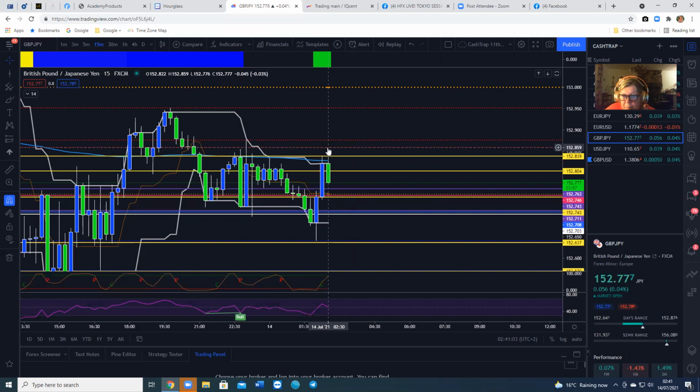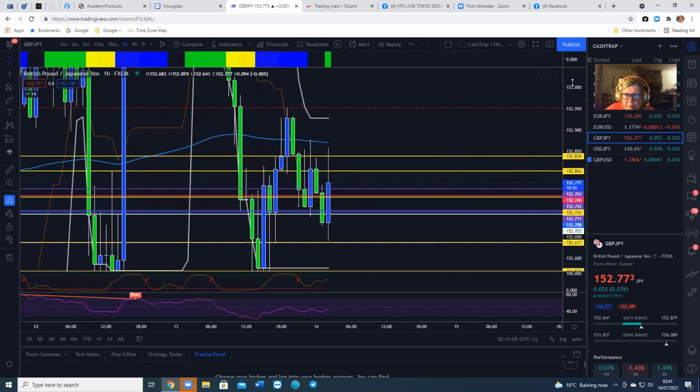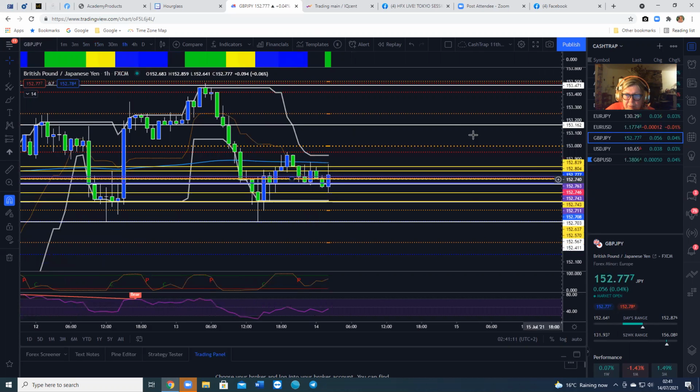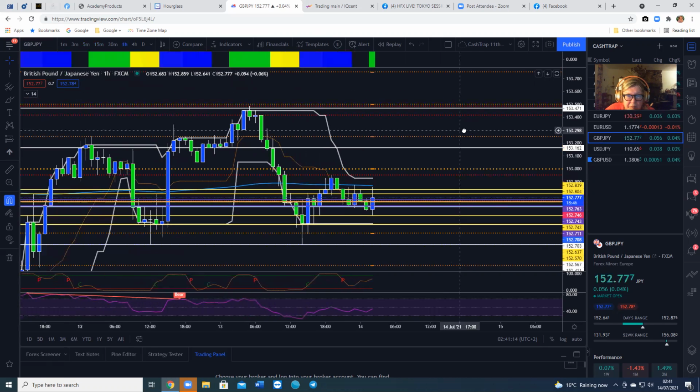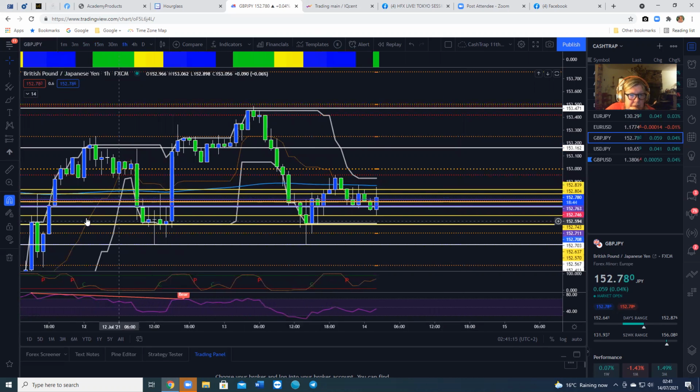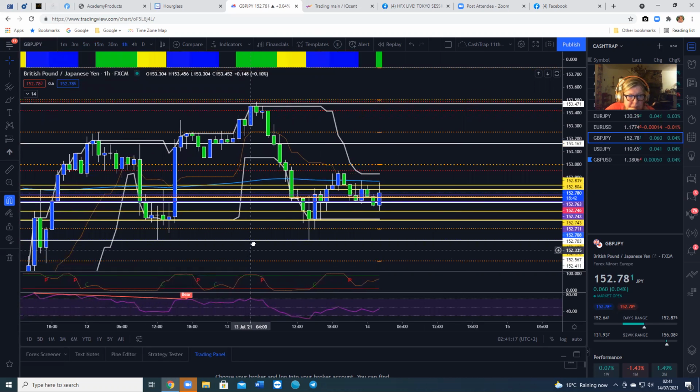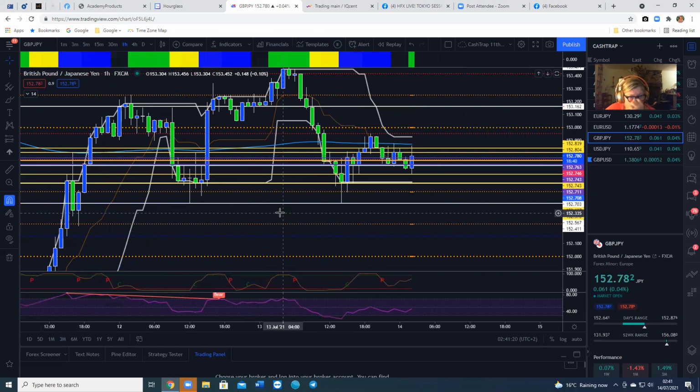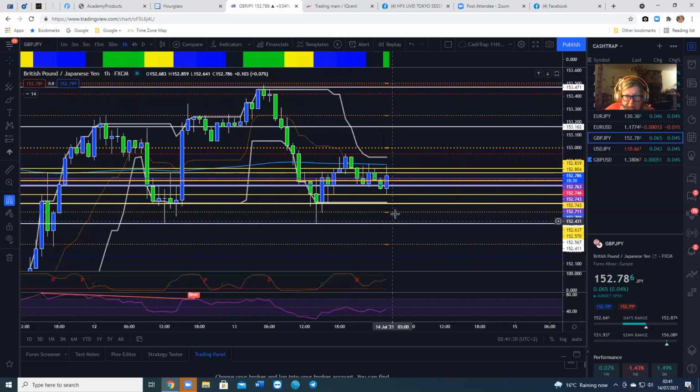It's wicking off that upper level at 859. Reject off that level, so it's not coming back down here at the moment, and it's now used that hourly at 642.